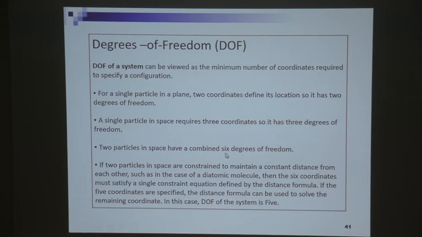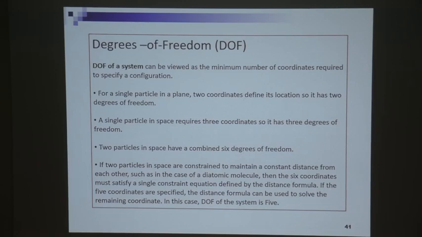Two particles in space have a combined 6 degrees of freedom. If the 2 particles are constrained to maintain a constant distance from each other, now the term constraint comes in. The 6 coordinates must satisfy a single constraint equation defined by the distance formula, so they must always maintain a single distance.